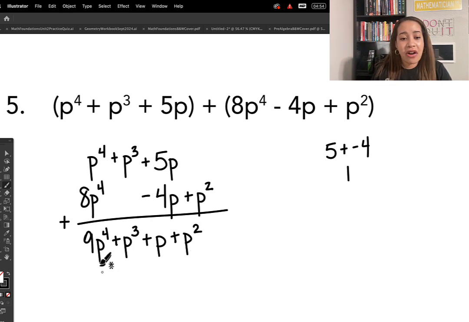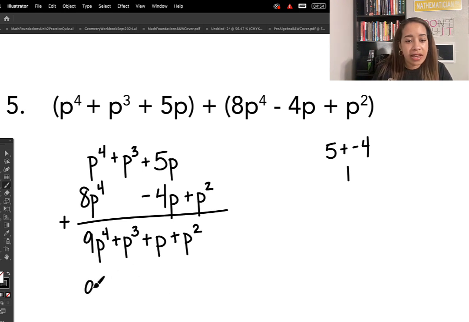We talked about how all of the pieces can be in different orders. One thing that you'll see, especially in math textbooks, a more formal way to write your final answer is to write your exponents in descending order. So that means the numbers get lower as we go from left to right.